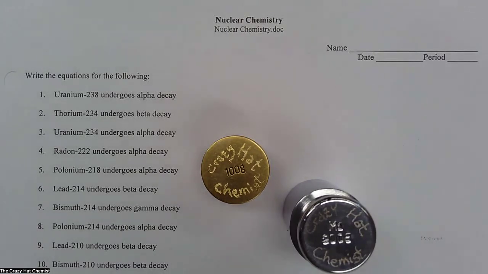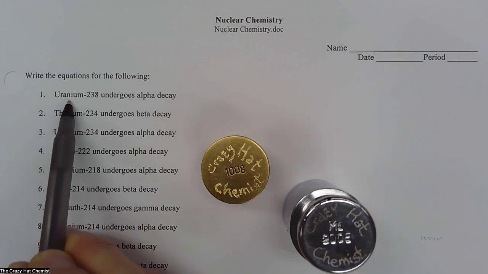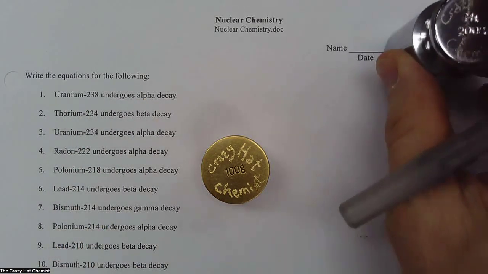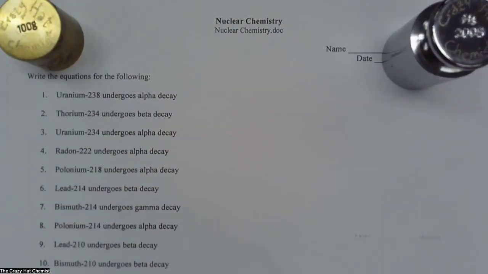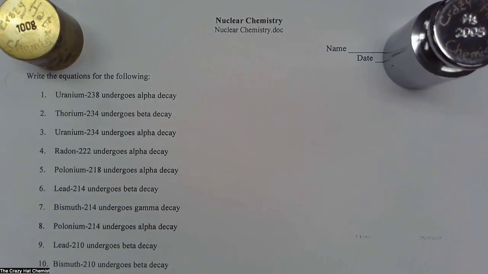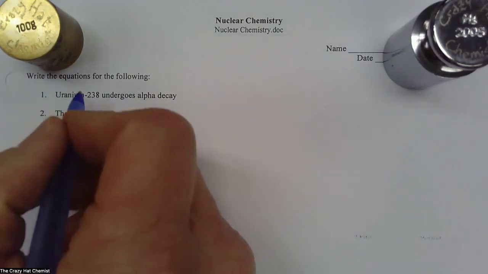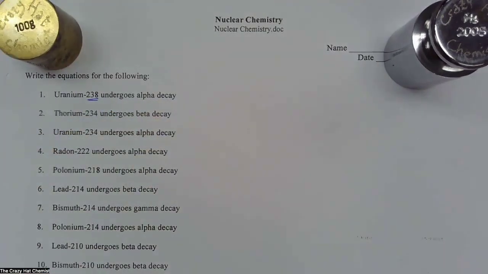So what we're going to do is write the equations for the following. We're going to have uranium-238 undergoes alpha decay. All right, so how do we do this? Let's get moving. The first thing we need to do is find uranium on the periodic table. It should be a mass very closely approximating 238, but it might not necessarily be 238.